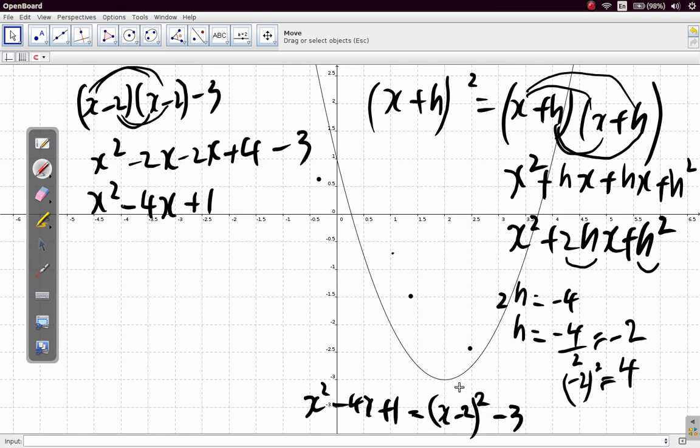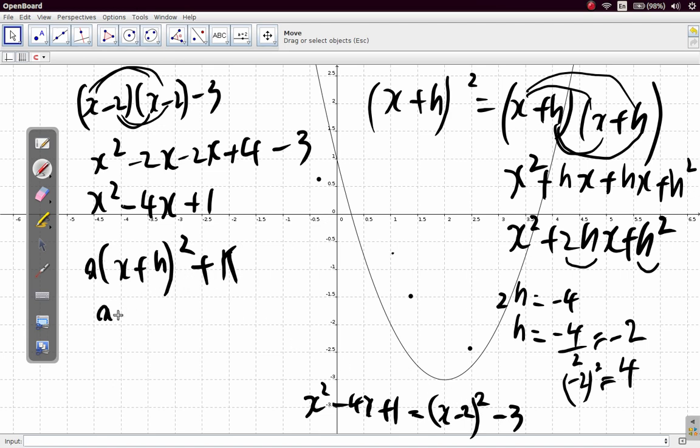All right, in terms of the new form that we take, this is in the form a(x plus h) squared plus k, where k is negative 3, h is negative 2, and a is 1.